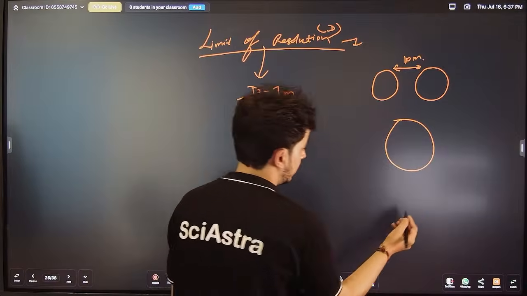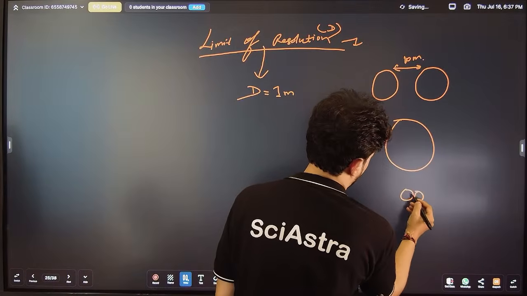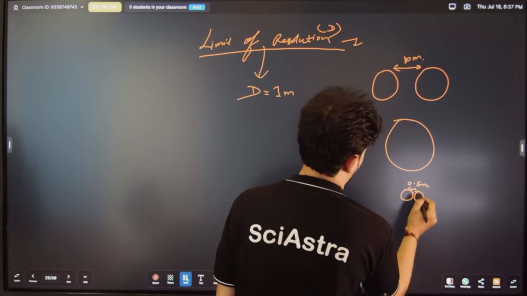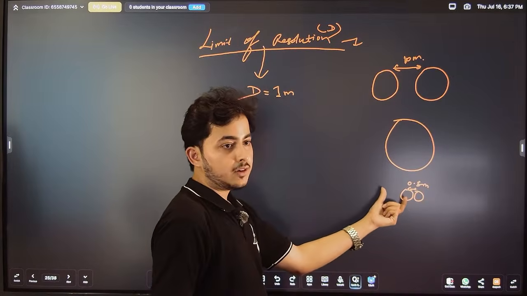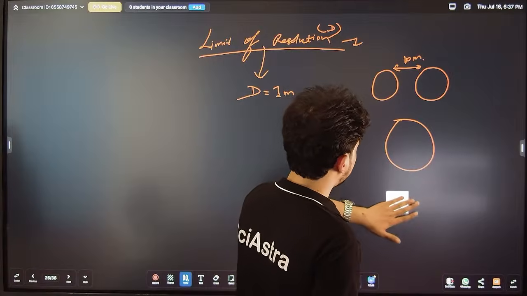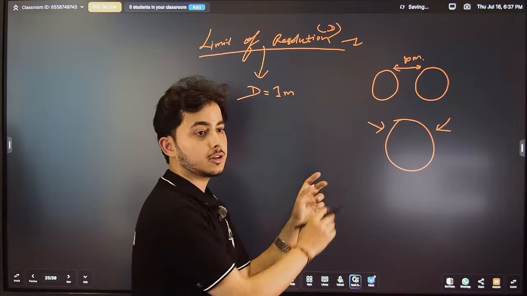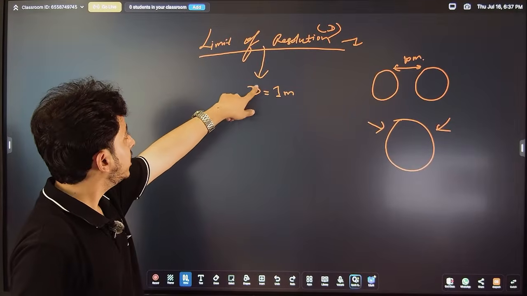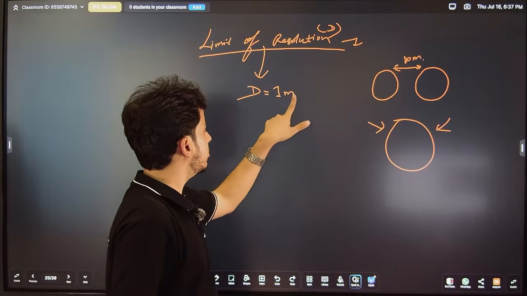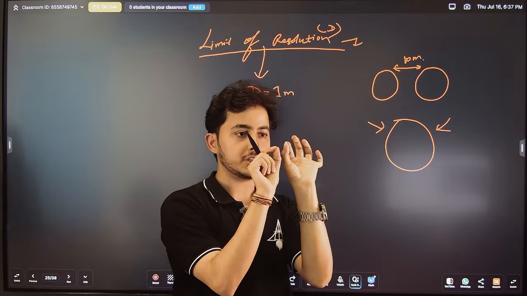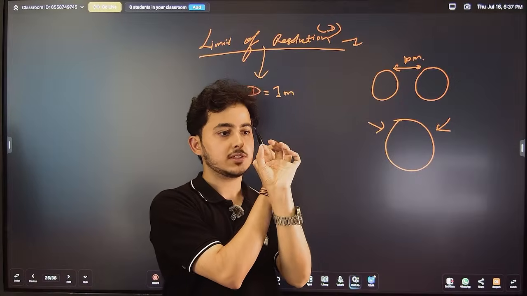Now what happens if this distance is very small? It is, let's say, 0.5 meters. If the distance is 0.5 meters, then you will not perceive them as separate objects, you will perceive them as a single object, because in this particular case the limit of resolution was 1 meter, and if two objects are 0.5 meters apart, then they will be perceived as a single object.